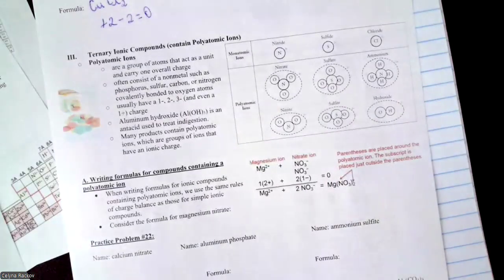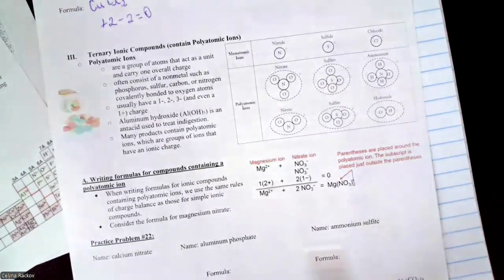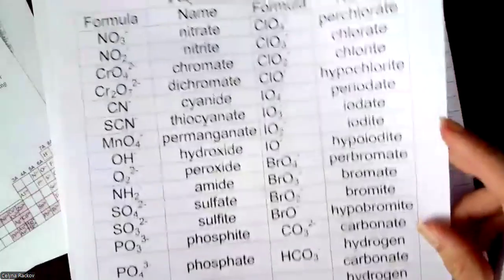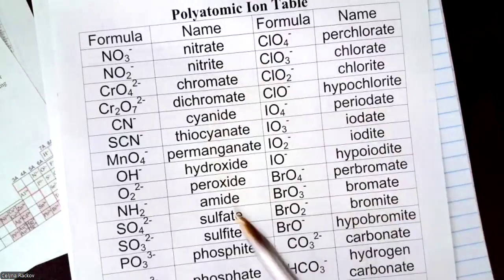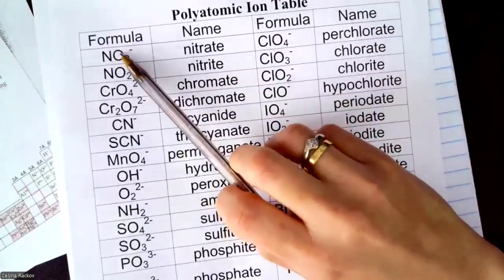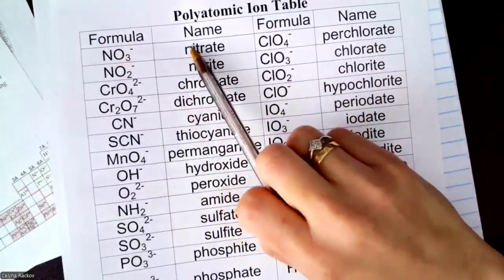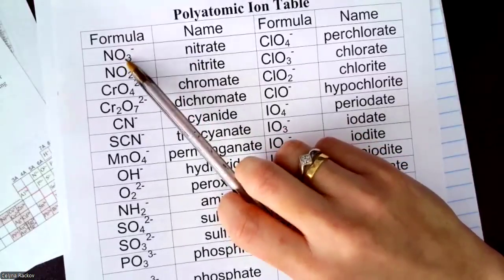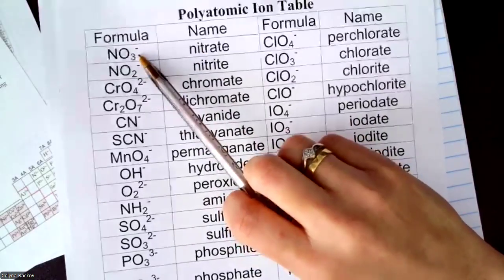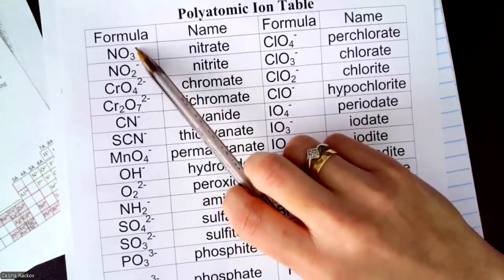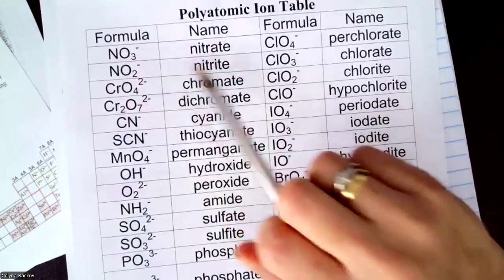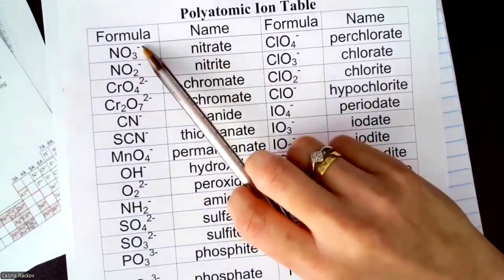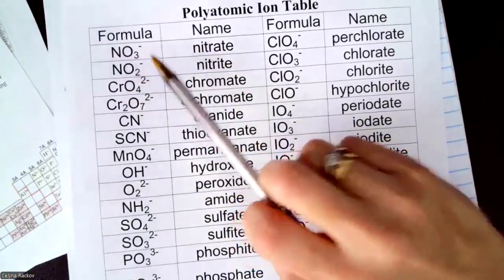All right, okay. So I've seen here this polyatomic ion table. Nitrate, NO3 minus. Nitrate, 3 oxygens. When the polyatomic ion loses 1 oxygen, you change from -ate to -ite. So nitrate, nitrite, right?